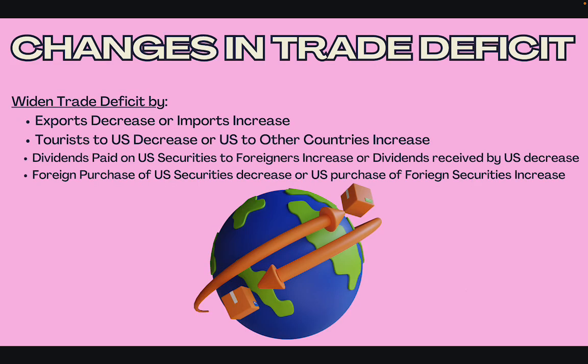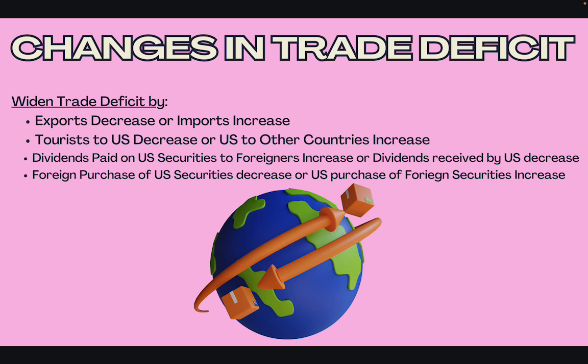I want to just give you another example and another visualization of these changes in the trade deficit that we talked about. So these are all ways that the trade deficit will be widened. Okay? We talked about the first one, exports. If the exports to another country decrease and the imports increase, we are going to widen our trade deficit, right?